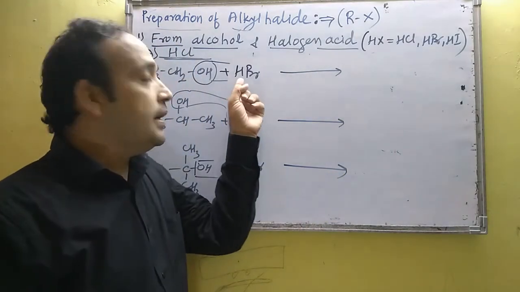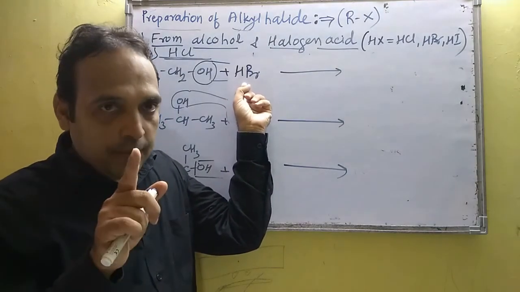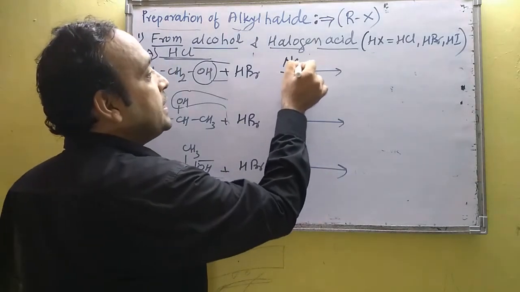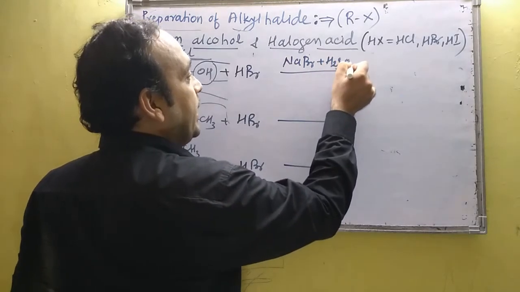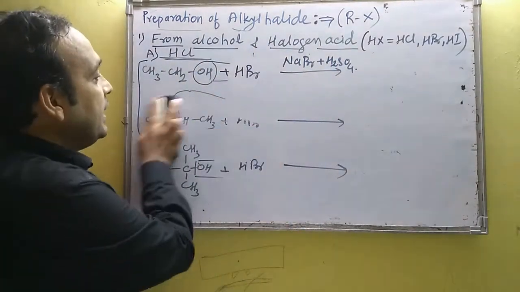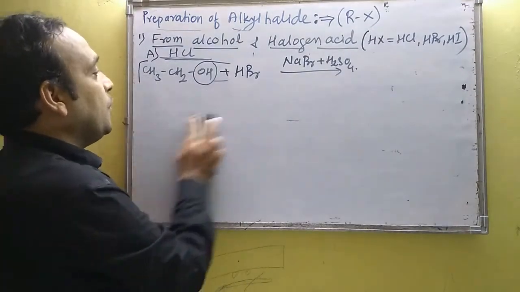48% concentrated hydrobromic acid, or in presence of sodium bromide in sulfuric acid. Now complete your product. What is the expected product here?